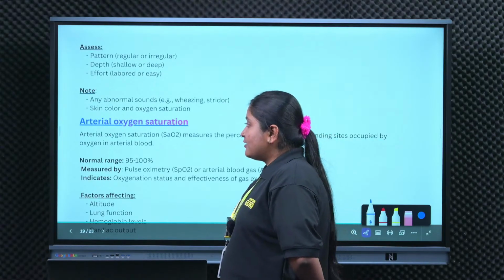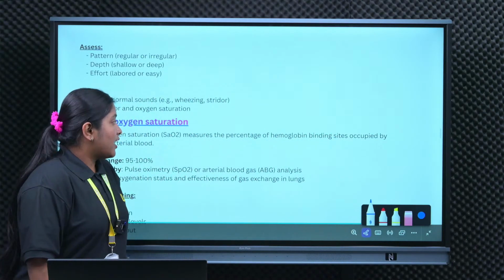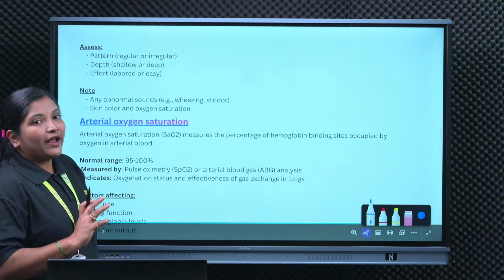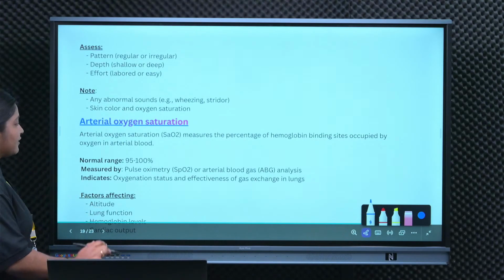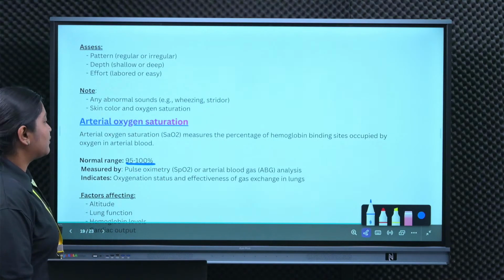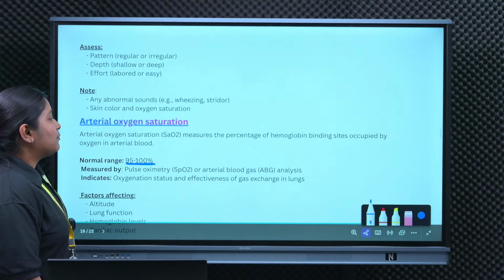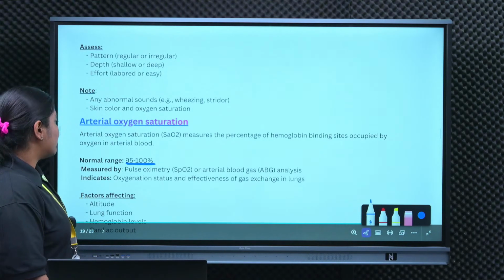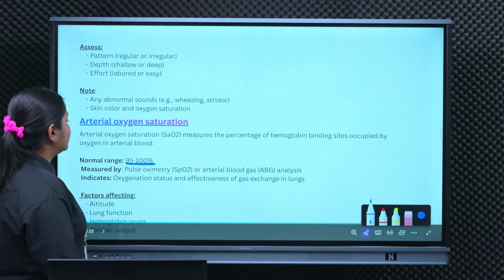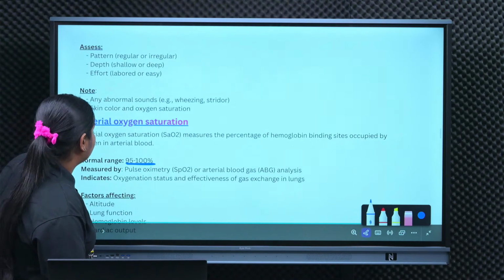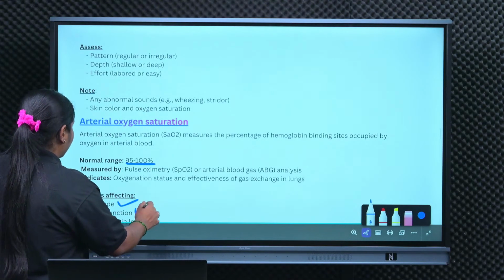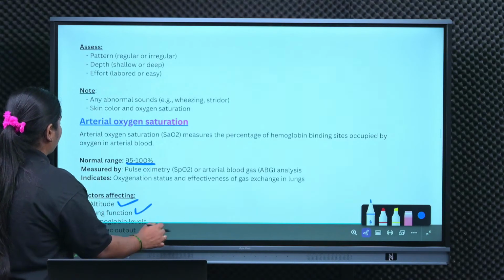The normal range is about 95 to 100%, measured by pulse oximetry, that is SpO2; arterial blood gas or ABG analysis we also do. It indicates oxygenation status and the effectiveness of gaseous exchange in the lung. Factors affecting it are altitude, lung function, hemoglobin levels and cardiac output, okay.